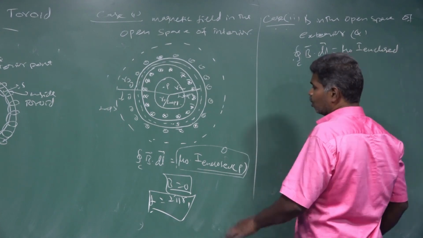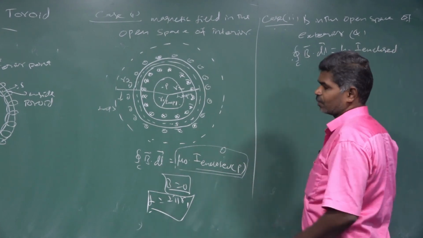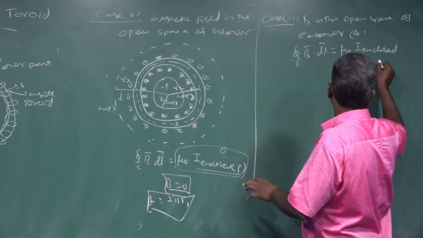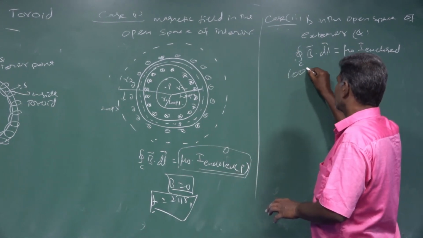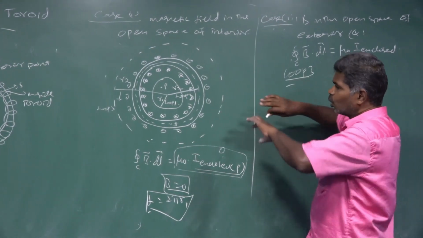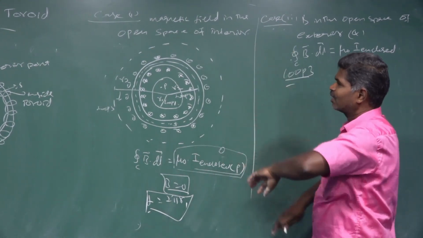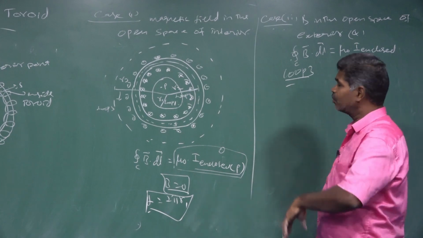For loop 1, no current is there. Now we tackle loop 3, where the total toroid is inside the Amperian loop 3.